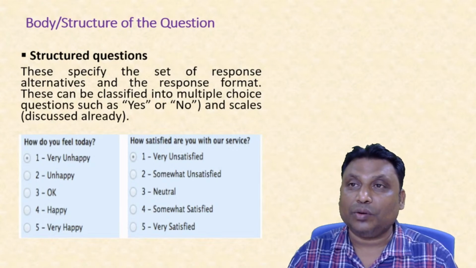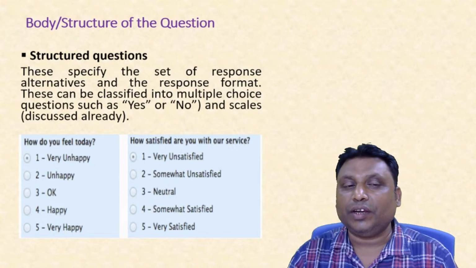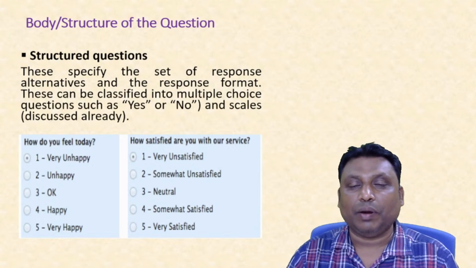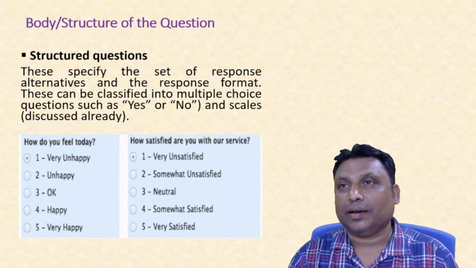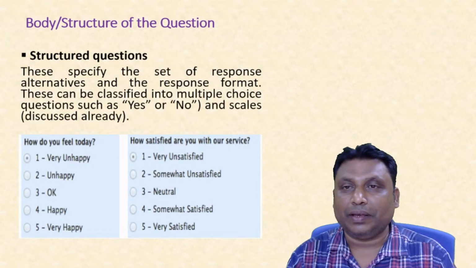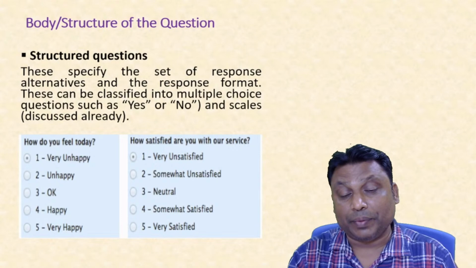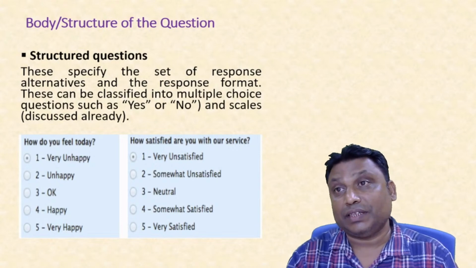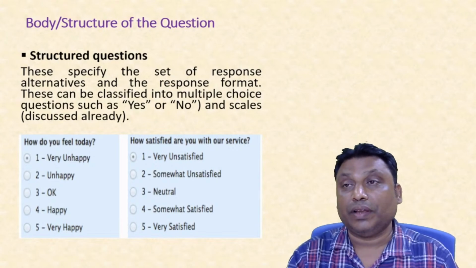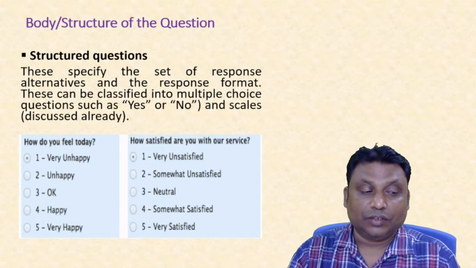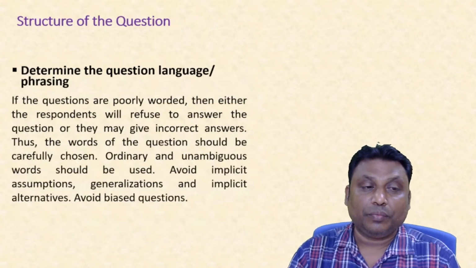If they are putting 1, 2, 3, there is no need to evaluate your collected data again. If they are putting 1, that means you can find that the answer is very unhappy. Like this, accordingly you can put your data.